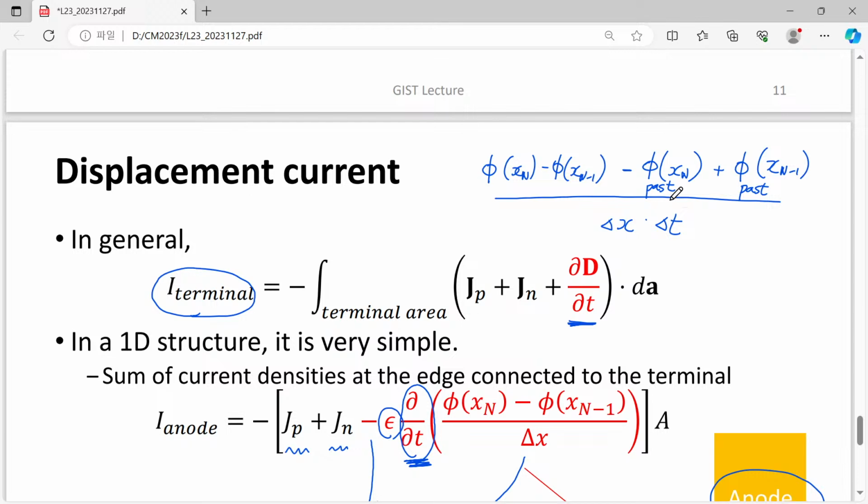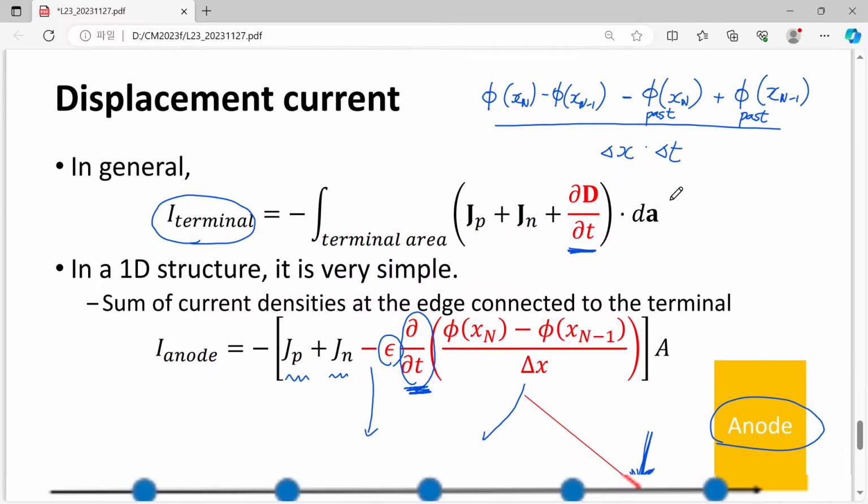This is a little bit complicated, but I hope that everybody can do that. Without considering this displacement current, you cannot get the current continuity. So please be careful to include it.